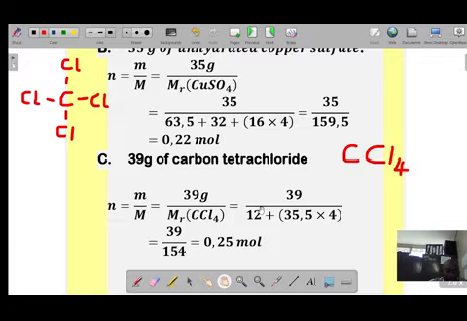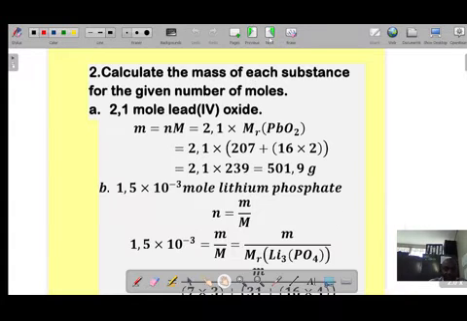So please don't forget that. If they say calculate the number of moles and they give you the mass and then the formula, just use n equals m over molar mass, then you substitute and get your number of moles. That is interesting, ne? Let us proceed.